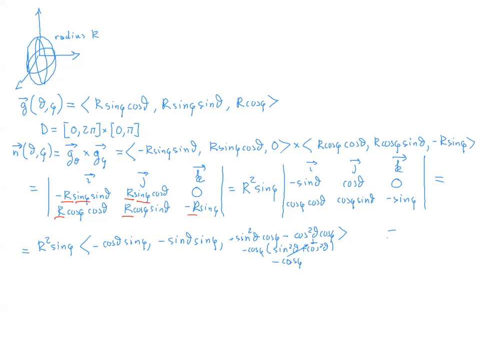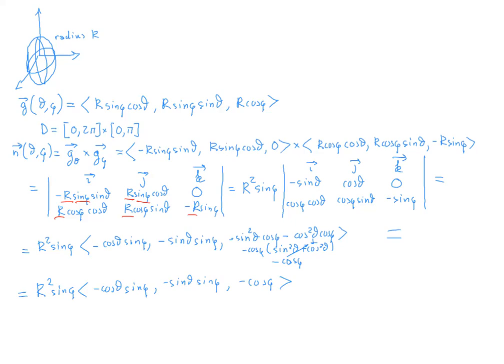So let's see, altogether what we have: r squared sine phi times negative cosine theta sine phi, minus sine theta sine phi, and negative cosine phi. And now we wish to find the magnitude of this.